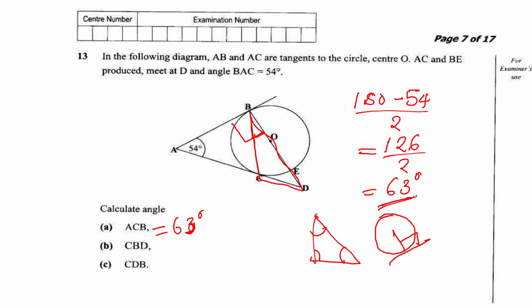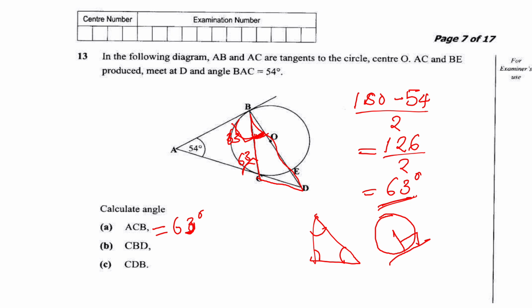Then we look at what we found from the previous question, because this angle is 63, and also this one is 63, because these are angles of the isosceles triangle. Now, what is this remaining portion from 90? Because when you add 63 plus this portion, you should get 90, according to the property where the tangent and the radius meet at 90.